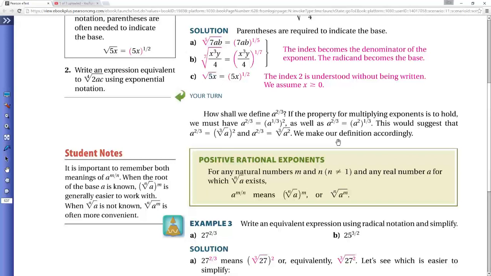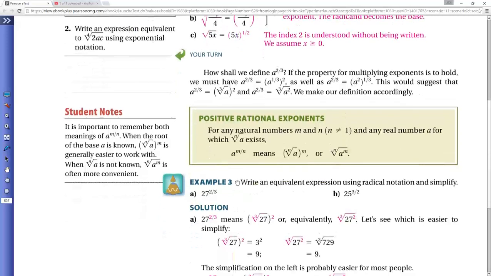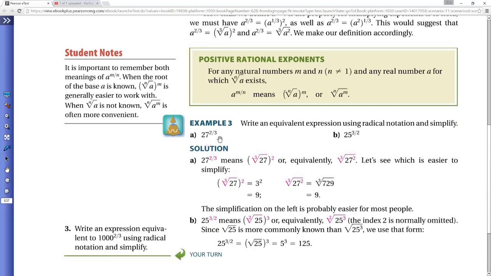Well, if we have a to the m over n, this fraction with the m and n, with these restrictions on those values, that means we'd have the nth root of a all to the m power, or we could say the nth root of a to the m power. So the examples here, like 27 to the 2/3 power, we could say is either the cube root of 27 squared or the cube root of 27 squared.